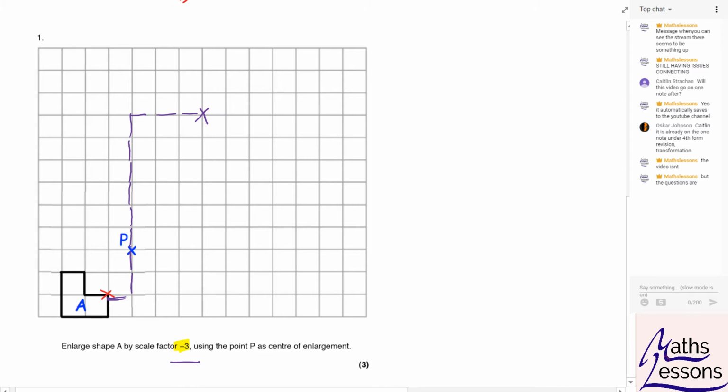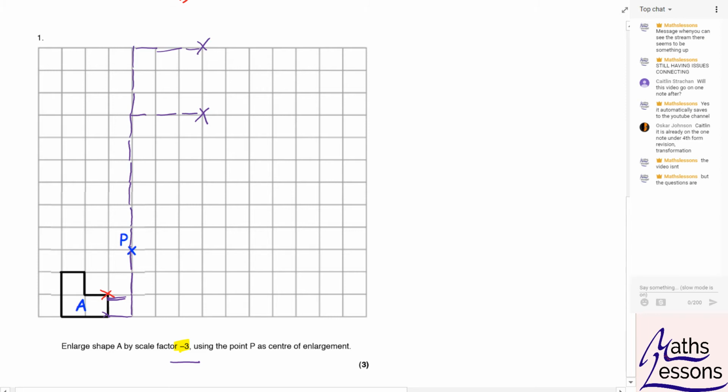Now, if we do this one here, then we're going to go an extra 1 down. We're now going 3 down and 1 across. So we're going to need to go another 3 up, 1, 2, 3, and we're still going to go only 3 across, and our new point is there.